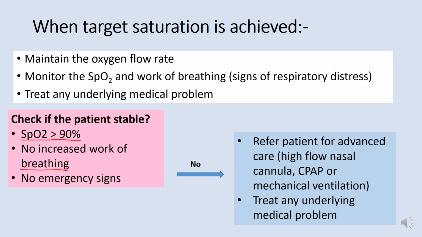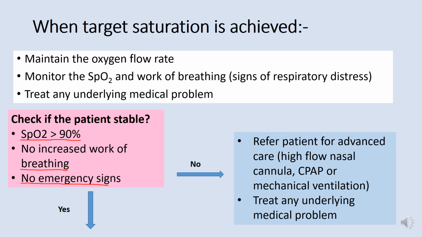You have checked and you have found they're having emergency signs. If that is the case, then you refer the child for advanced care. Advanced care in this case may mean a high flow nasal cannula or CPAP or even mechanical ventilation. And of course, maybe whatever you're treating is not the correct diagnosis. So there may be need to review the diagnosis.